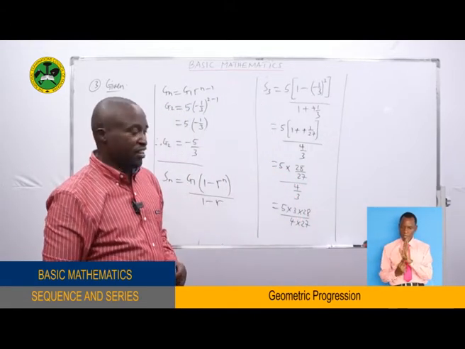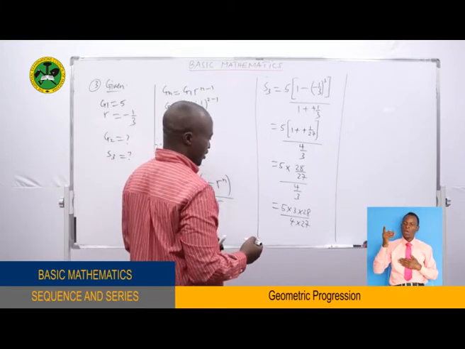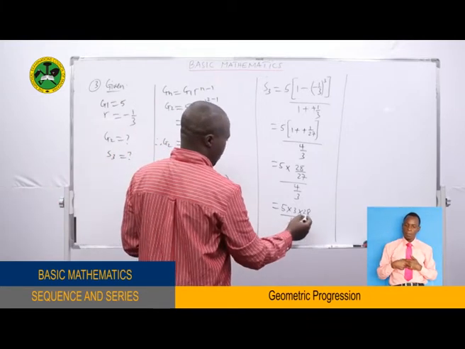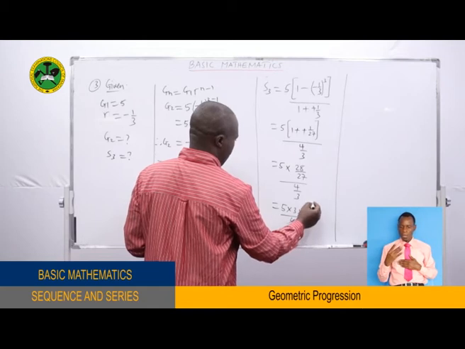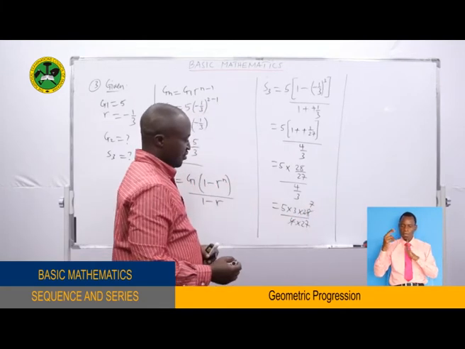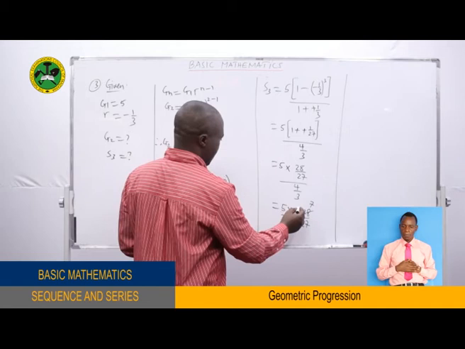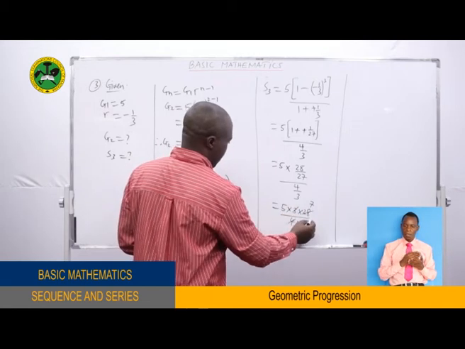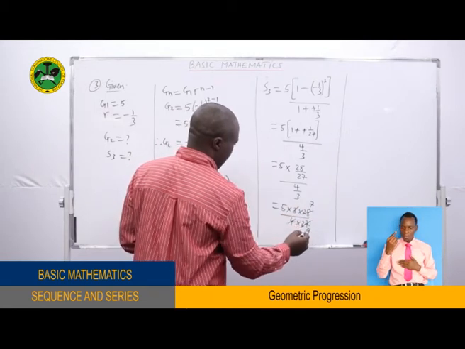Now you can simplify. That is, by 4 is 1, by 4 that is 7. But again, by 3 is 1, by 3 this one is 9.